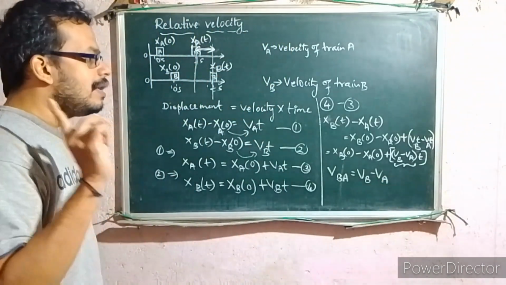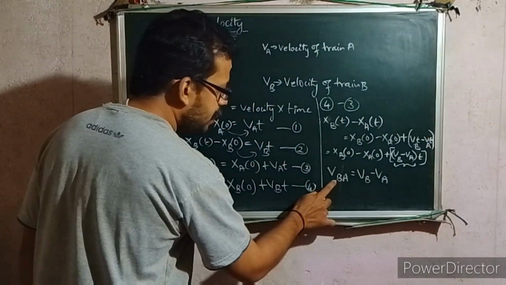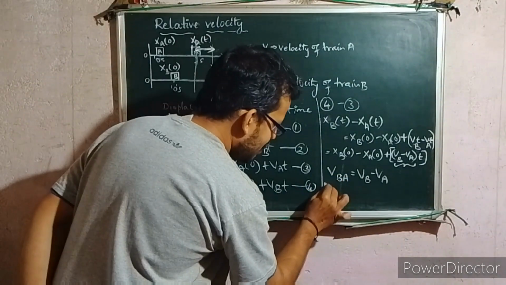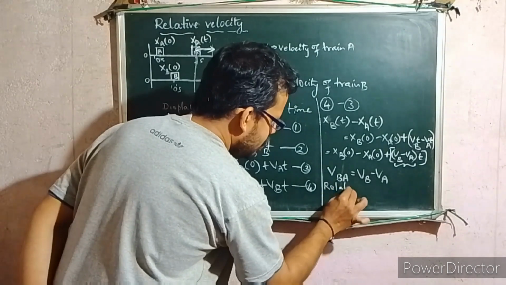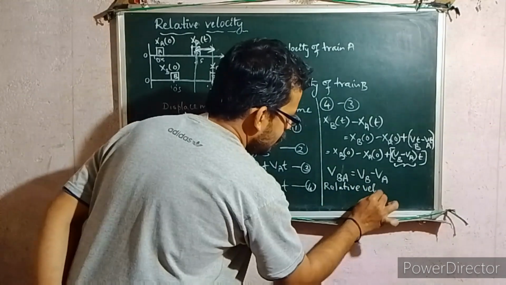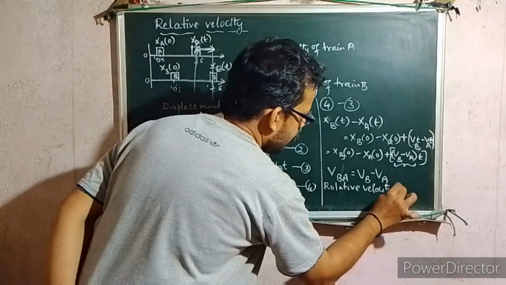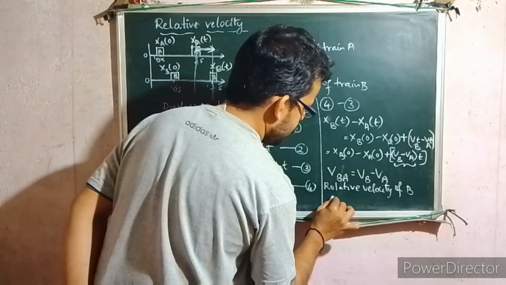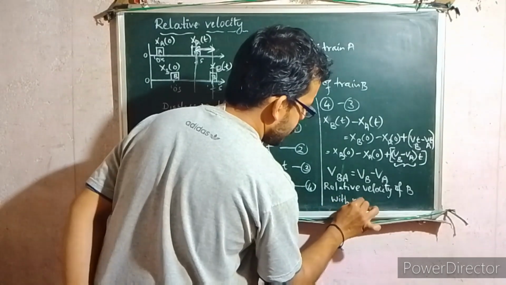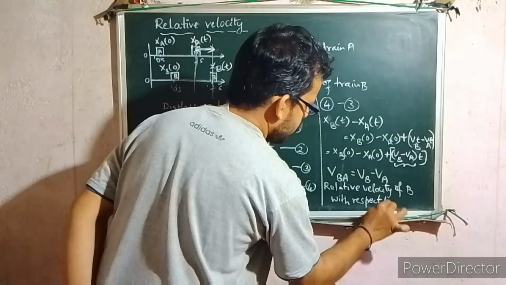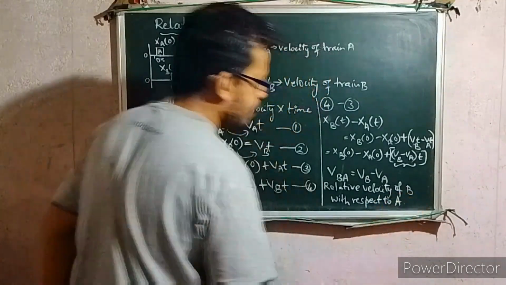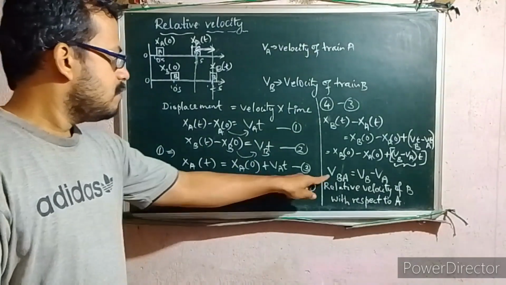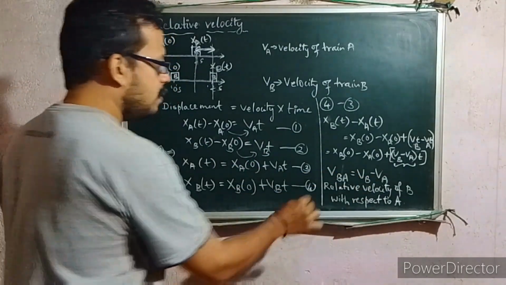This is the relative velocity of train B with respect to train A. Relative velocity of B with respect to A is VBA, that is VB minus VA.